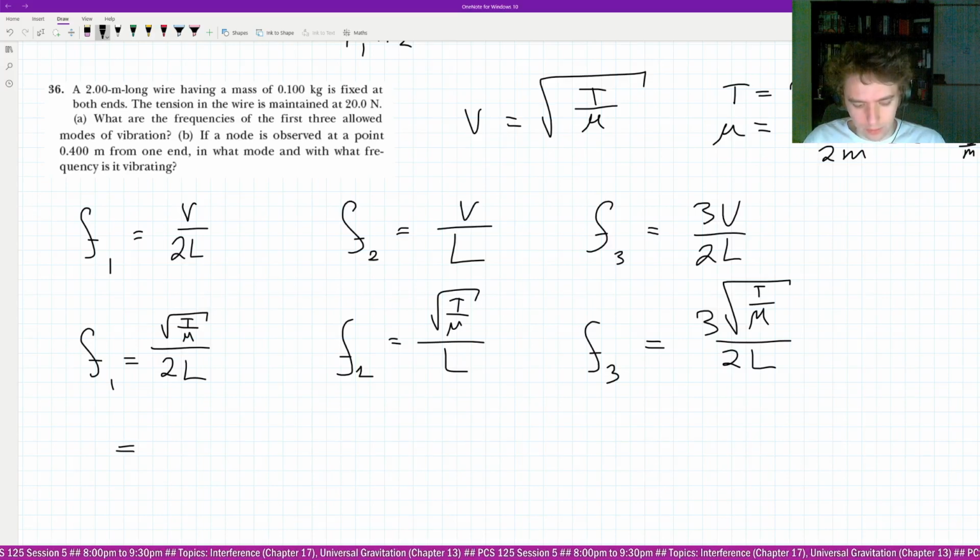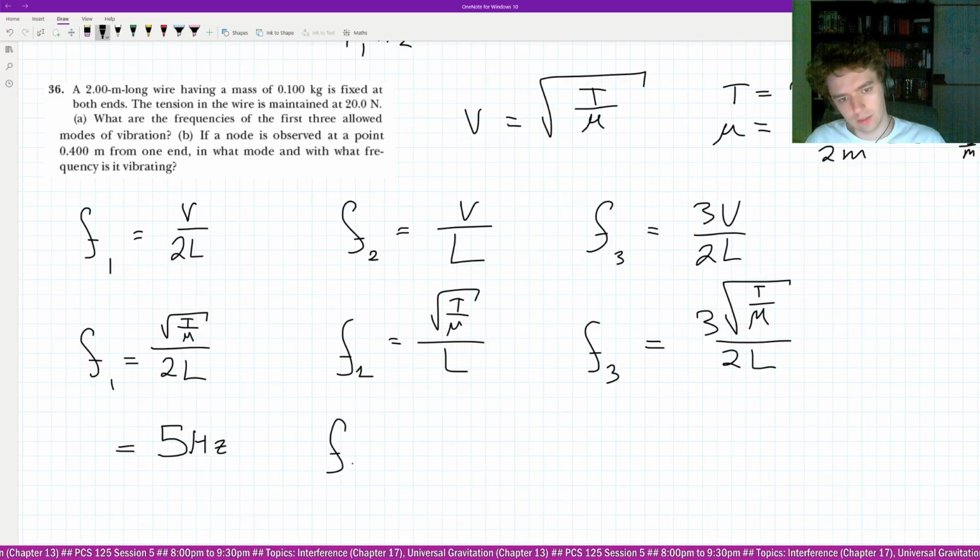So the first one is the square root of 20 over 0.05, over 2 times 2. So I got 5 hertz. Okay, the next one is the square root of 20 over 0.05, over 2.